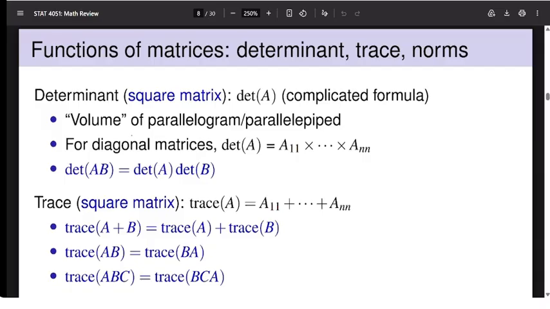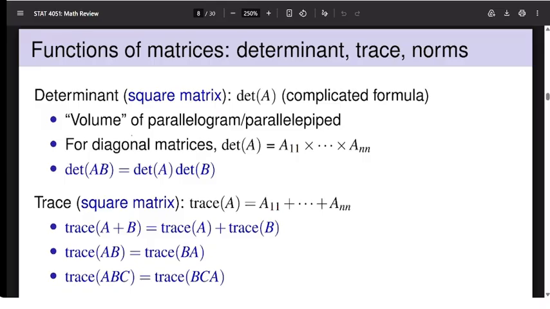If we have our data set in a matrix, we can find the determinant of the matrix.